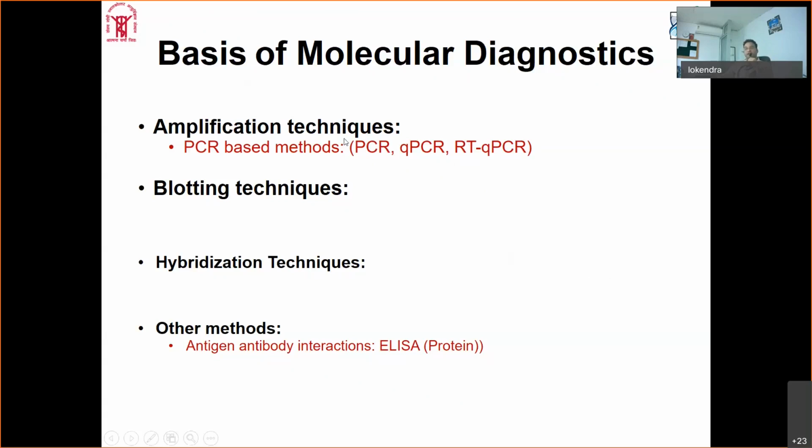So amplification technique is also one of the major areas of molecular diagnostics, in which we detect several gene mutations, SNPs, or gene expression profiling of various genes, which can give us an idea about a disease condition or a healthy condition.